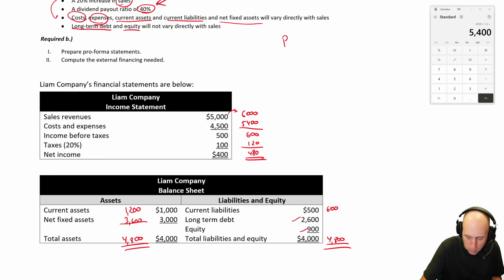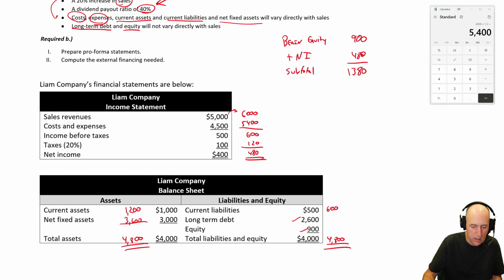So beginning equity was 900, plus net income, and our net income is 480. We subtotal, and 900 plus 480 is 1380.